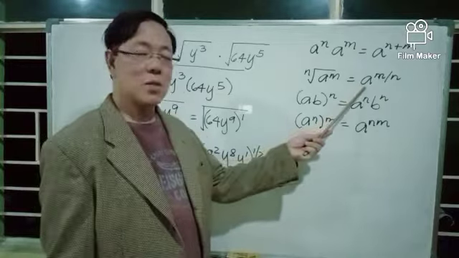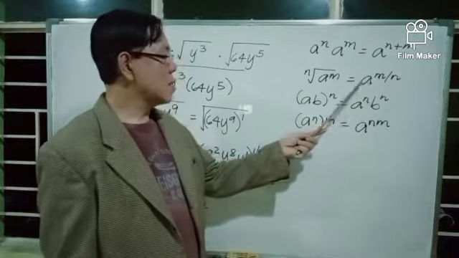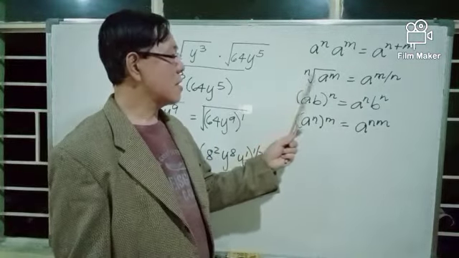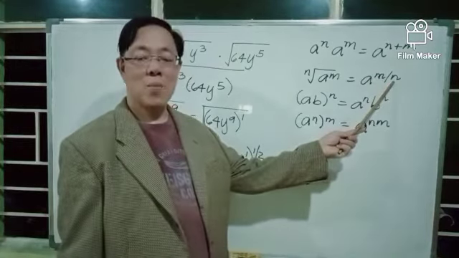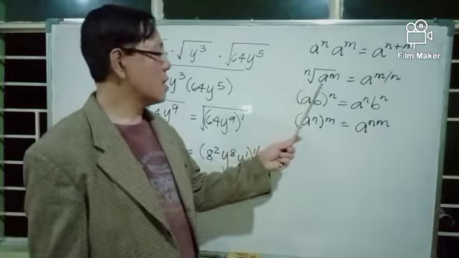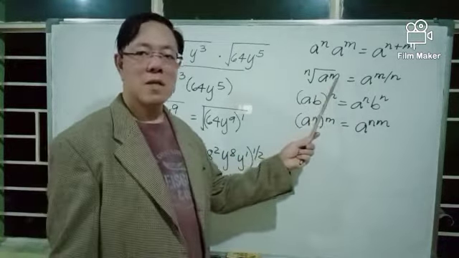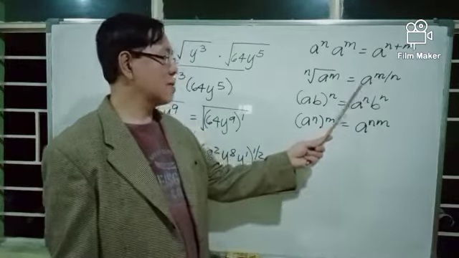A base raised to a rational exponent, m over n, is equal to the nth root, where n, the index n, is the denominator of the rational exponent of a. The nth root of a is the base, raised to m. M is the numerator of the rational exponent of a.